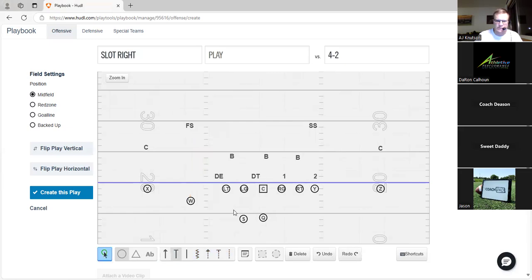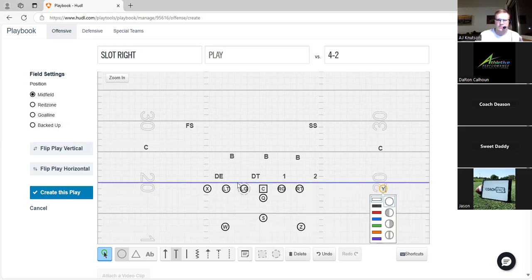And like I said, with systems, flexbone can be a system, or wishbone can be a system. If you want your system to stay consistent in everything you do, it limits you on that.